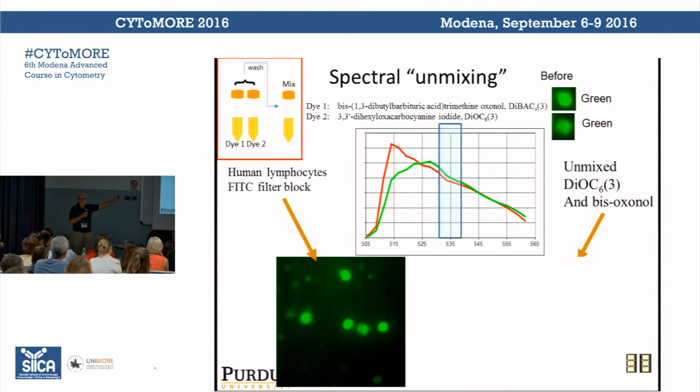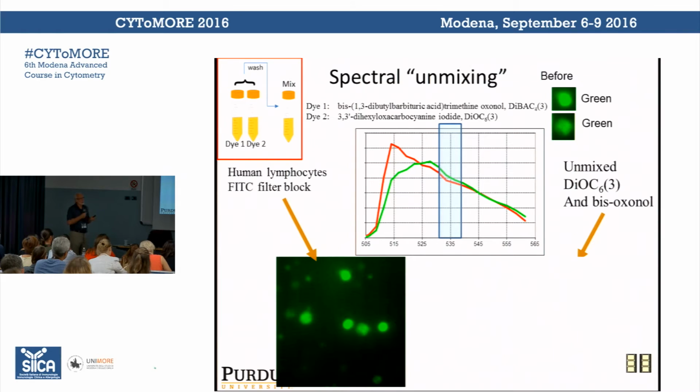It does not matter how wide the window is or how narrow the window is. If you were to run these on a traditional flow cytometer, you could not tell them apart. Under no circumstances could you tell them apart. Because in all cases, the photons are going to be equal in each window.